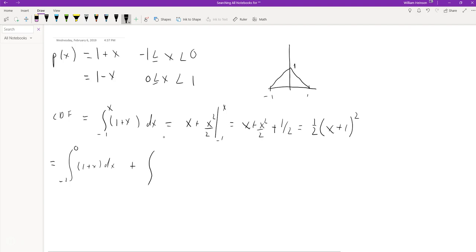Plus the integral from 0 to x of 1 minus x dx. I can just take this solution here, put in 0 instead of x for this part, so that's 0, minus the half, so that's just plus a half. Plus we do this, minus x squared over 2, doing that term first, plus x.